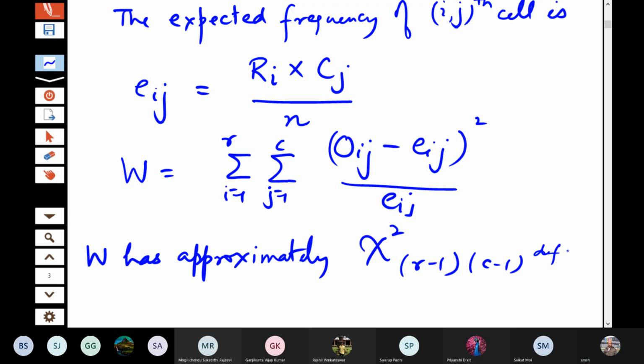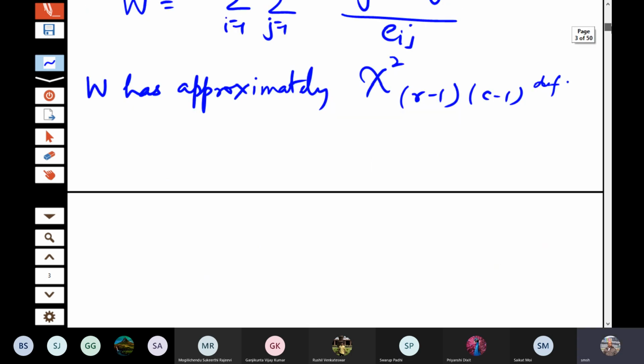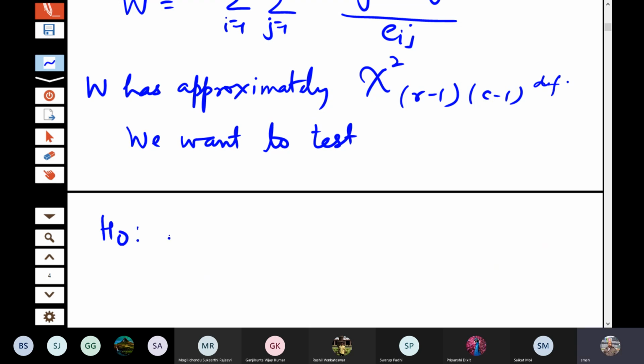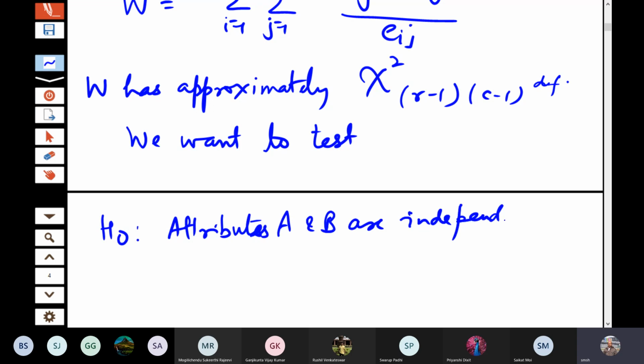So the hypothesis H naught is attributes A and B are independent against the hypothesis that they are dependent.